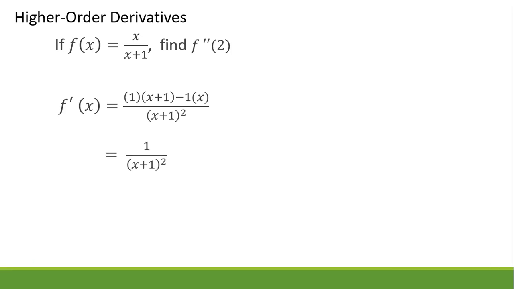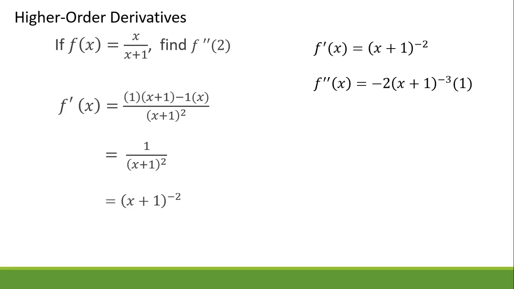So if we simplify our first derivative, now we have something that we can maybe rewrite so that we can use our power rule to take a derivative of the first derivative. So if our first derivative is (x plus 1) to the negative 2, the derivative of that derivative is negative 2 times (x plus 1) to the negative 3 times the derivative of the base, and the derivative of x plus 1 is 1.